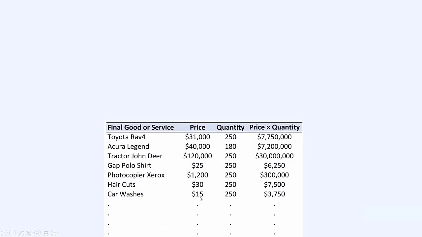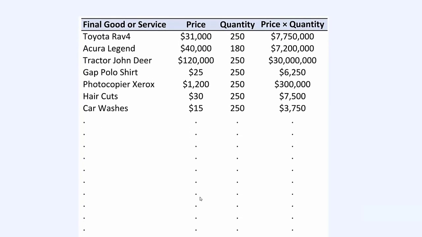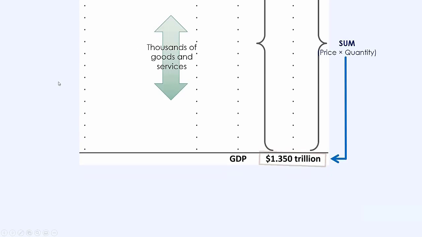A useful way to think about gross domestic product is to think of a spreadsheet, for example, with 4 different columns. In the first column, you would have listed all of the final goods and services that were sold in the economy. The second column would have their price, the third column would have their quantities, and the fourth column would be the price times the quantity. And so gross domestic product would be equal to the sum of all of those prices and quantities.